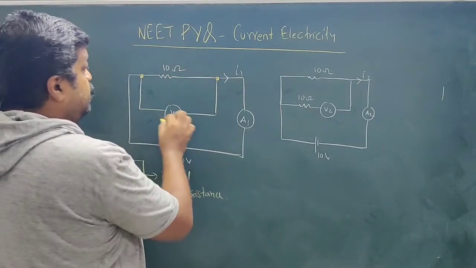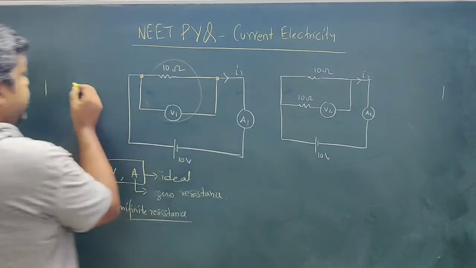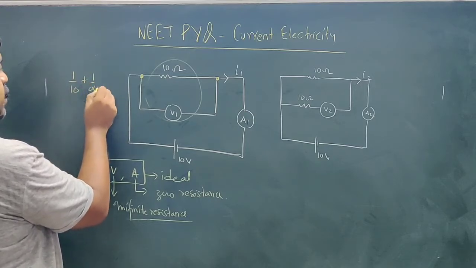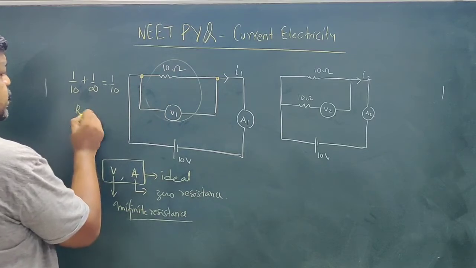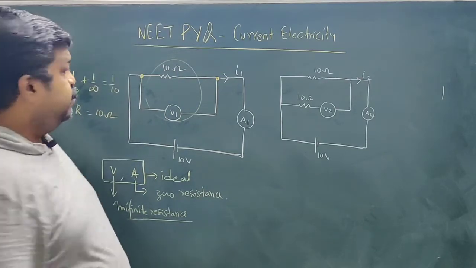So the equivalent resistance of this part will be 1 by 10 plus 1 by infinity, which is equal to 1 by 10. That means the equivalent resistance will be equal to 10 ohm.